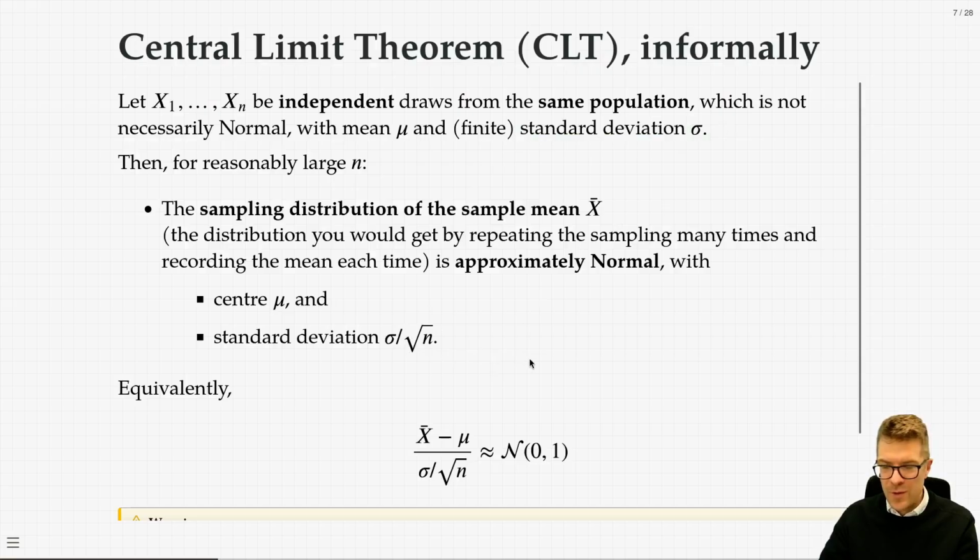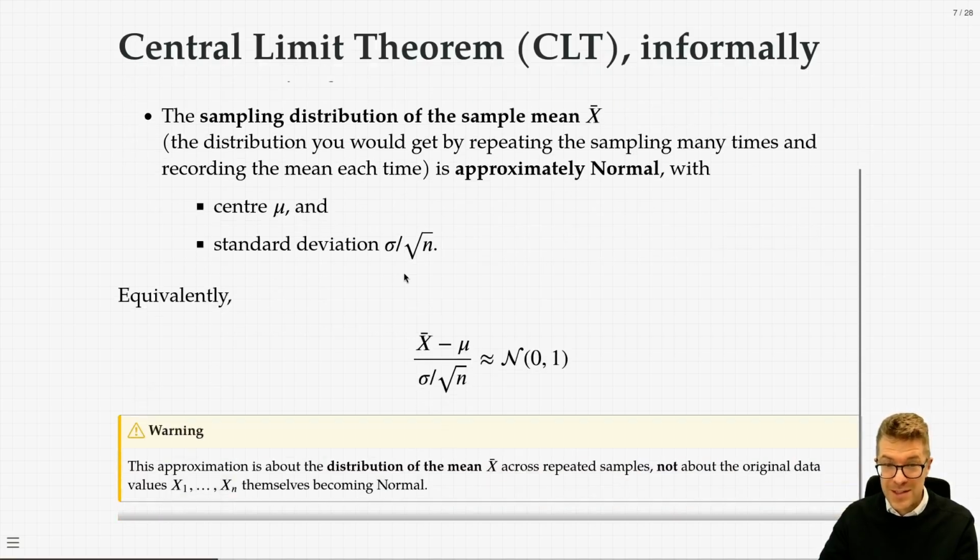This is getting to the point where I'm not expecting you to memorize this. I shouldn't say that, but this is something that normally is not super important to remember, nor is this equation. So the difference between a sample mean x bar and the population mean mu, divided by the standard deviation of the sampling distribution, will approximately be normal with mean 0 and standard deviation 1.